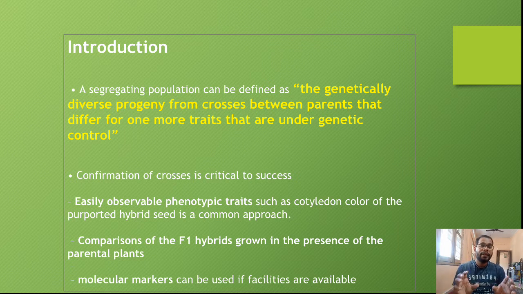The DNA in F1 is a mixture of both parents' DNA. So this is the molecular basis: F1 will contain the DNA of both parents. That is the one thing.